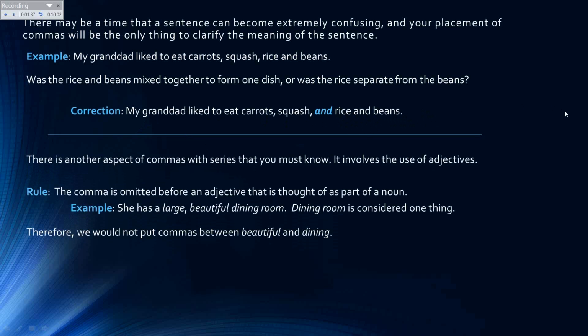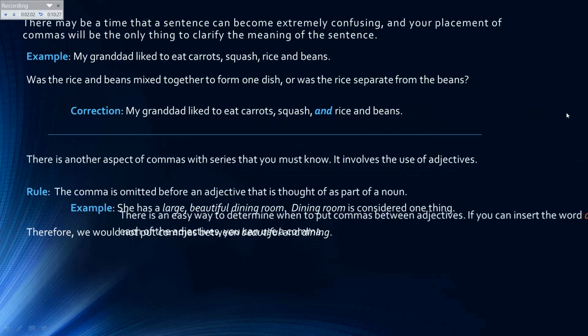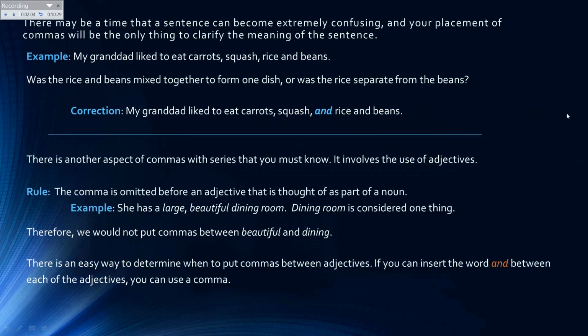Now, one way that you can decide what to do is to put the word and between those words. So we wouldn't say it's a beautiful and dining room. We might say it's large and beautiful. It's a large and beautiful room. But we can't say it's a beautiful and dining room, because dining room is considered to be one thing.